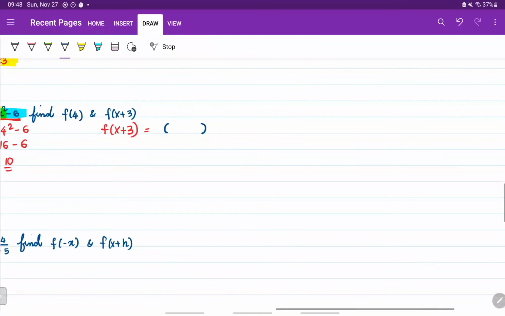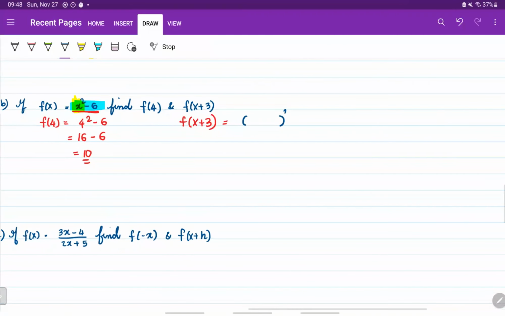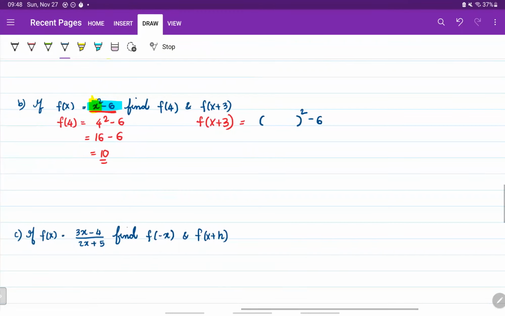And now here we have parenthesis squared minus 6. Coming back to our function, we know that we have to evaluate this function at x plus 3. So everywhere we had a parenthesis, I would just substitute my x plus 3.